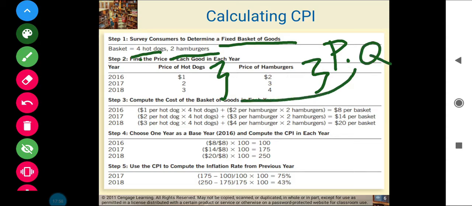Yeah, this is the formula: P multiplied by the quantity, and the same for the hamburger. And then we get the cost for every good.